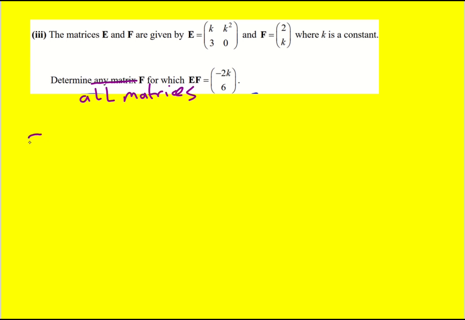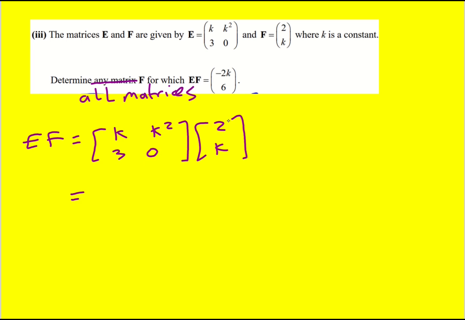So let's work out EF. I'm going to do the same kind of multiplication, go along first row, down the one column that we have, which will give 2k plus k cubed.